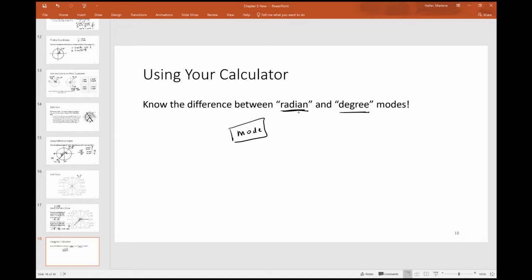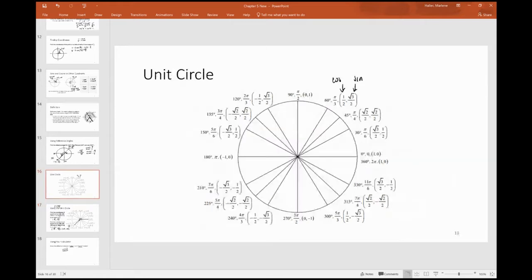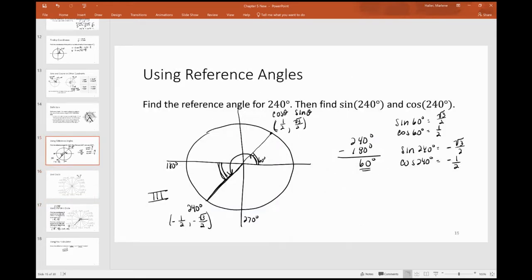Press it and you'll see, a couple lines down, it'll say radian or degree, rad or DEG, something like that. If you're dealing with radians, like we were here with 5 pi over 4, which did not have a degree symbol, so it had to be radians, you would want to be in radian mode. If you're dealing with degrees, we didn't use the calculator on these, but if we did, we would want to make sure that we're in degree mode.